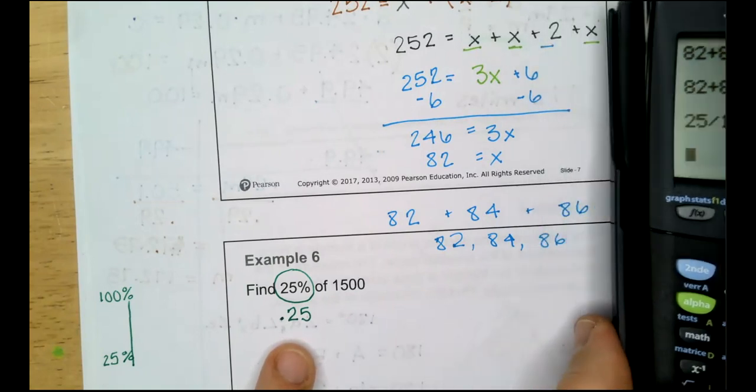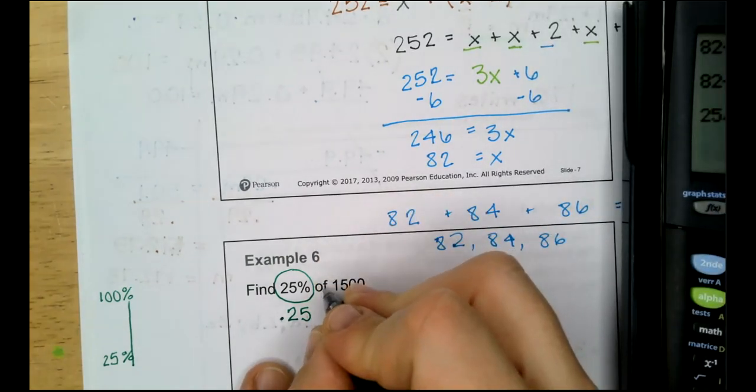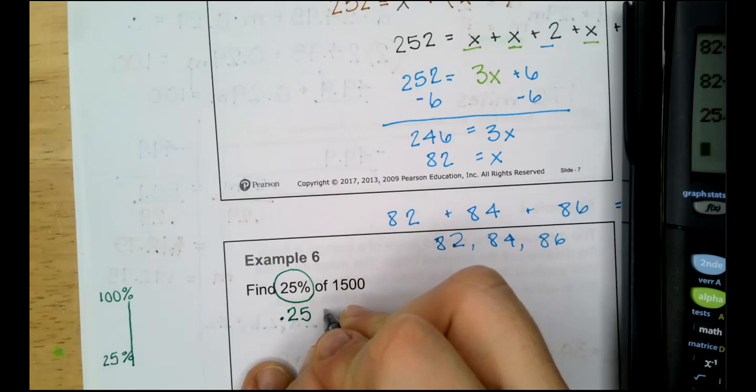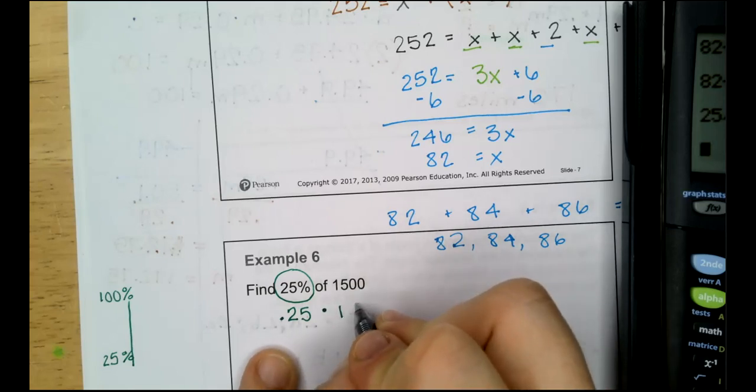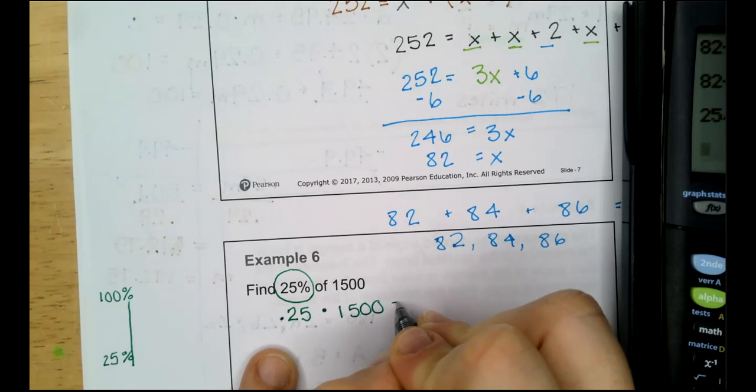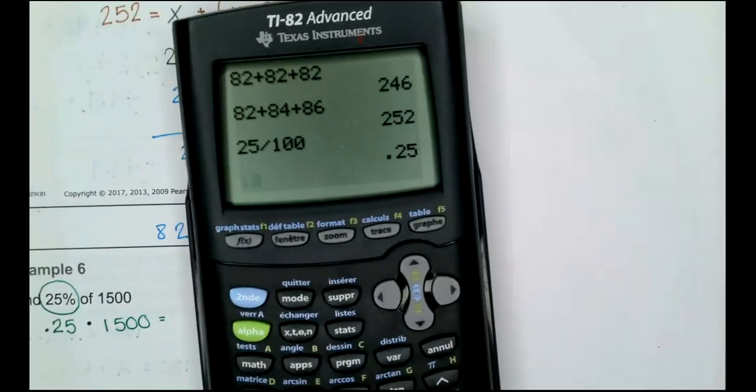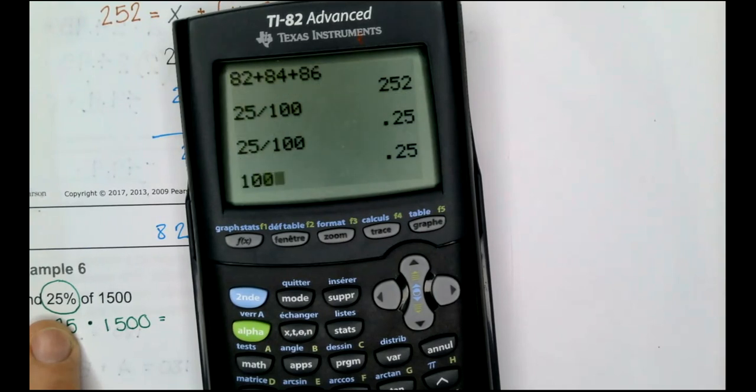0.25, and then of means multiply. 0.25 times 1,500. Because let's look at this, because 25% is 0.25. 100% is 1, right?